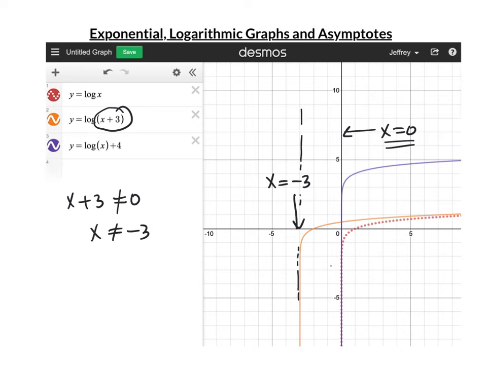And again, it looks like it's on -3, but if I were able to zoom in close enough, I would see that it actually never reaches -3. It just gets closer and closer to it. Notice doing a vertical transformation, moving the graph up and down, that would be this one right here, the plus 4, y equals log x plus 4, has no effect at all on the asymptote.